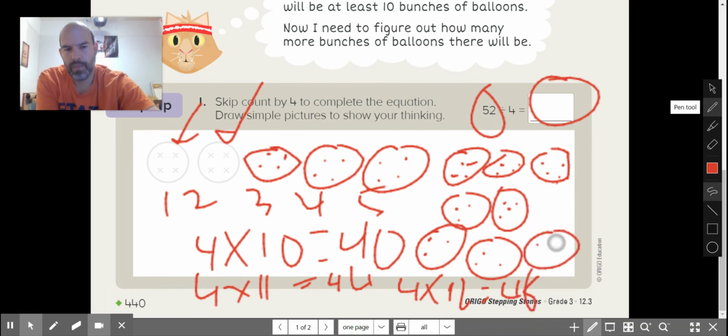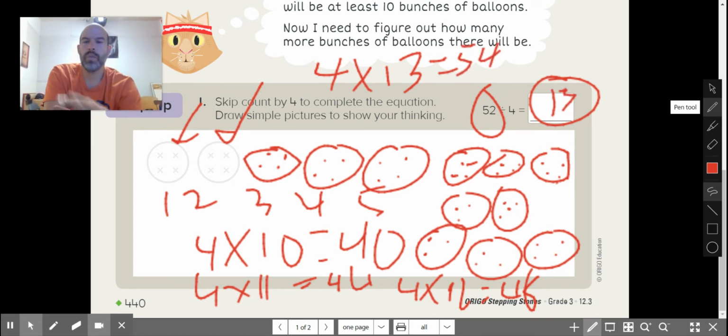And then adding one more would actually get us to our final answer, which would be 52. So that would be 4 times 13 equals 52. 13 is our unknown. Okay, so we can use representations with pictures to help us and also using equations.